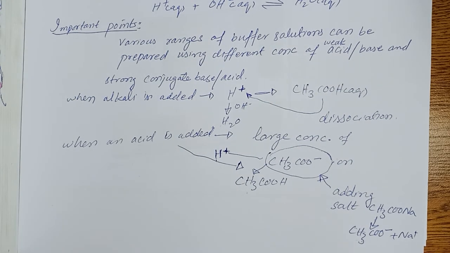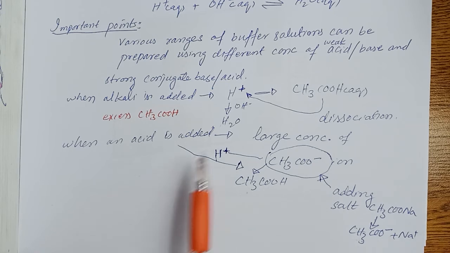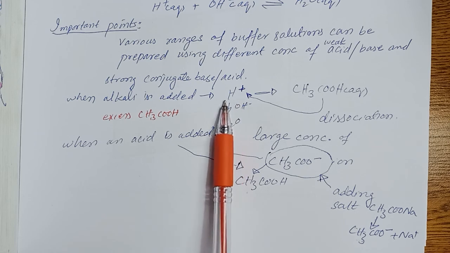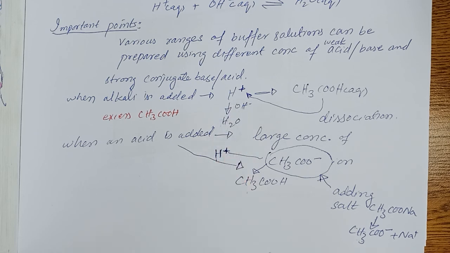So in conclusion, when an alkali is added to a buffer solution, we need excess of weak acid that can be dissociated to its ionic species and provide the hydrogen ion, and for the addition of acid we need excess of acetate ions which can be obtained by adding the salt of strong base, which gives the strong electrolyte salt.